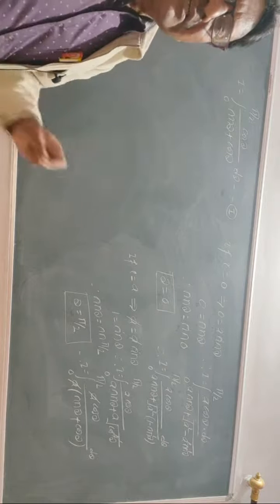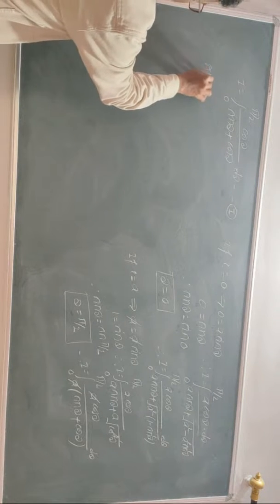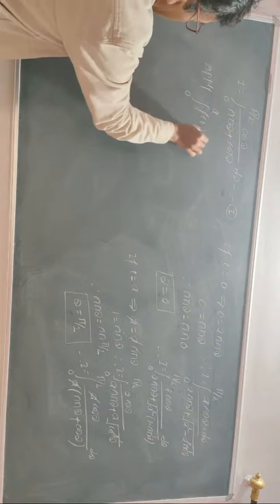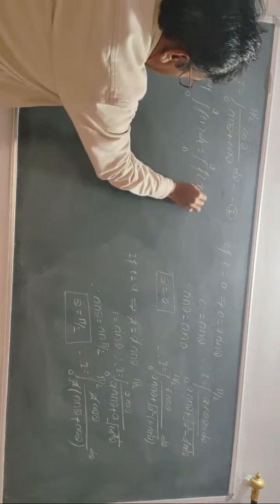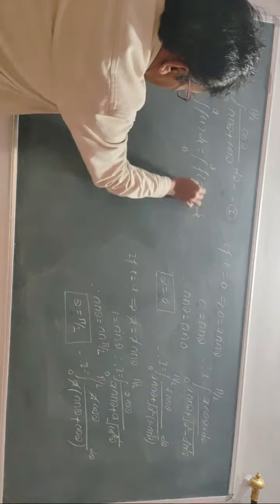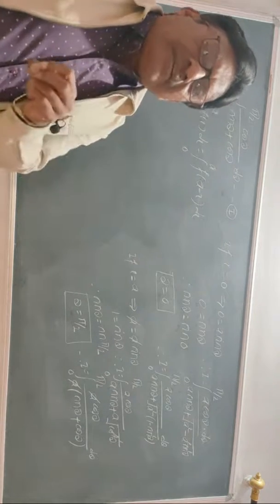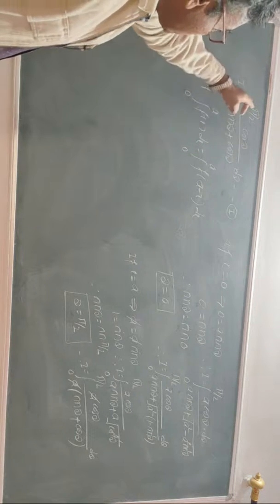Then we use the property: integration 0 to a f of x into dx is equal to integration 0 to a f of a minus x into dx. That is, subtract the variable x from the upper limit. Similarly, here subtract this theta from the upper limit.